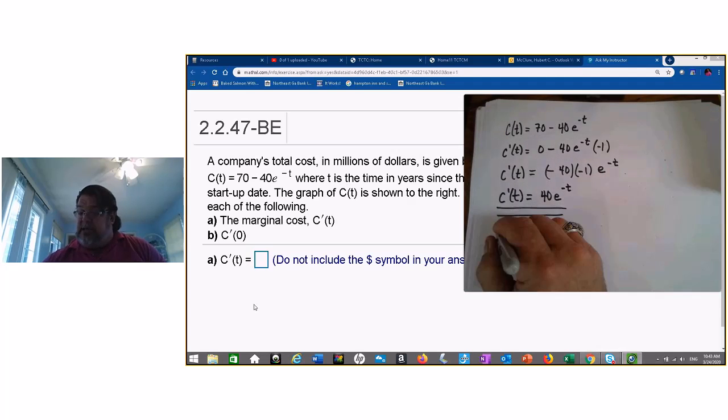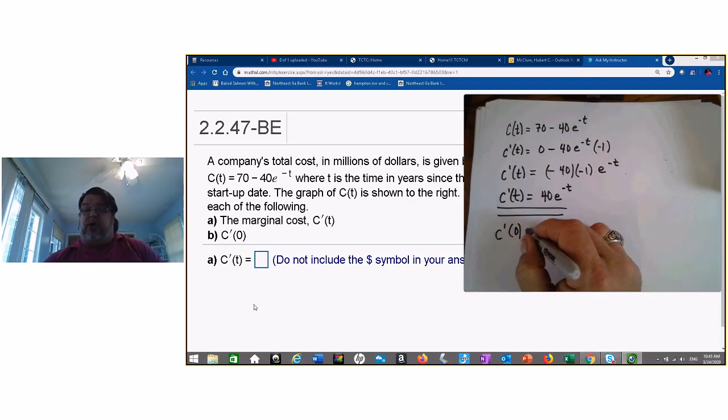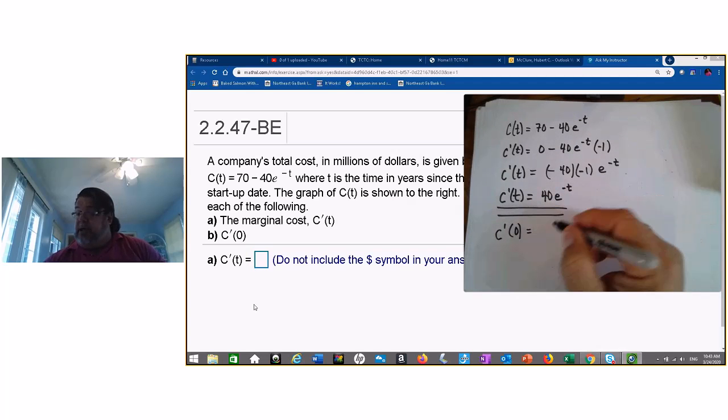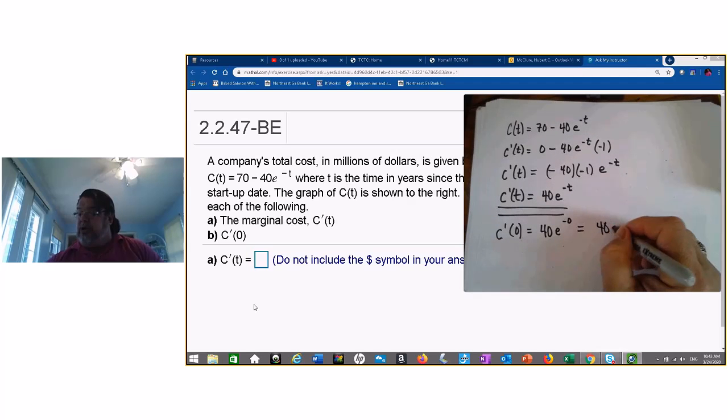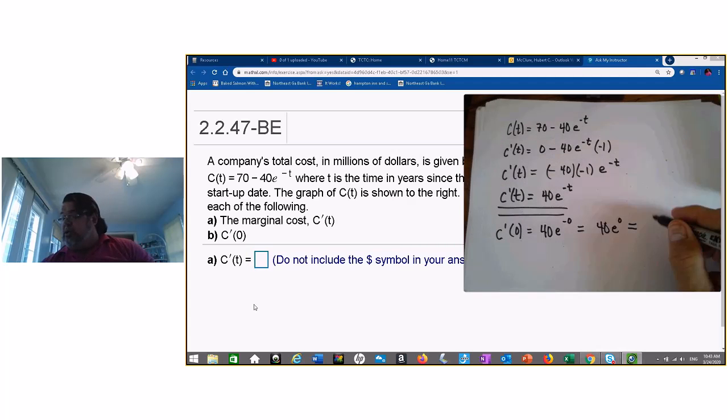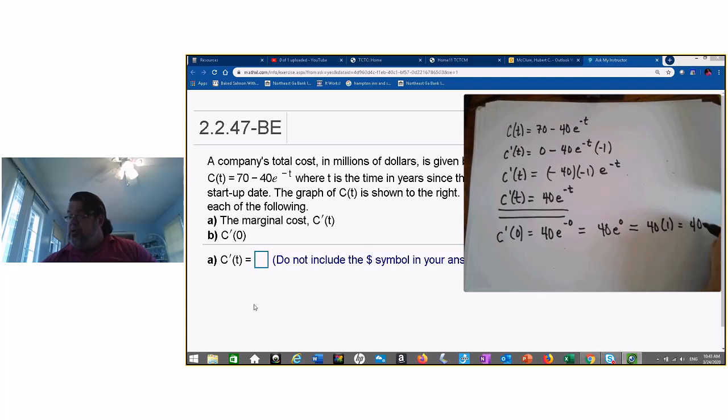So C prime of 0 means that I'm going to plug in 0 years, and that's going to be 40e to the negative 0, which is equal to 40e to the 0, and anything to the 0 power is 1. So your cost is going to be $40 million at 0 years.